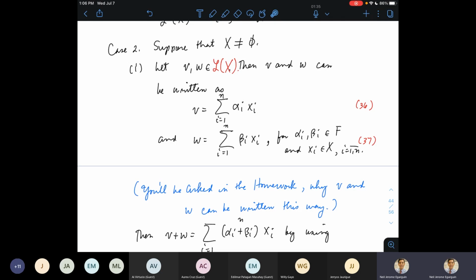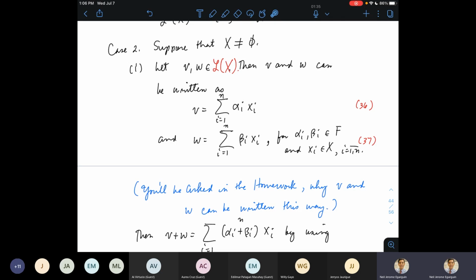That means I am claiming that V and W can be written as the linear combination of the same elements x sub 1 until x sub n. I'm even claiming that I will use n elements of capital X to generate V and W. But, yeah, why can I do that?